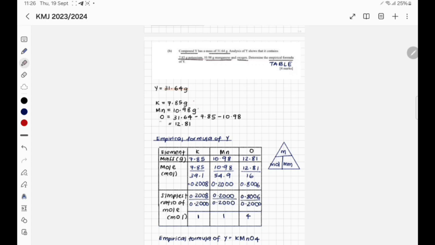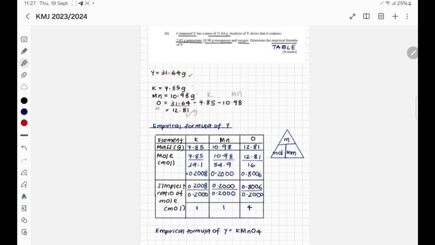So kalau nak dapatkan untuk oksigen, it's just the total mass of compound Y, kita take that mass then tolak dengan mass element yang dia dah bagi, which is K and Mn. So the remaining is, that is the mass of oxygen, which is 12.81 gram. Then next it says to determine the empirical formula of Y.